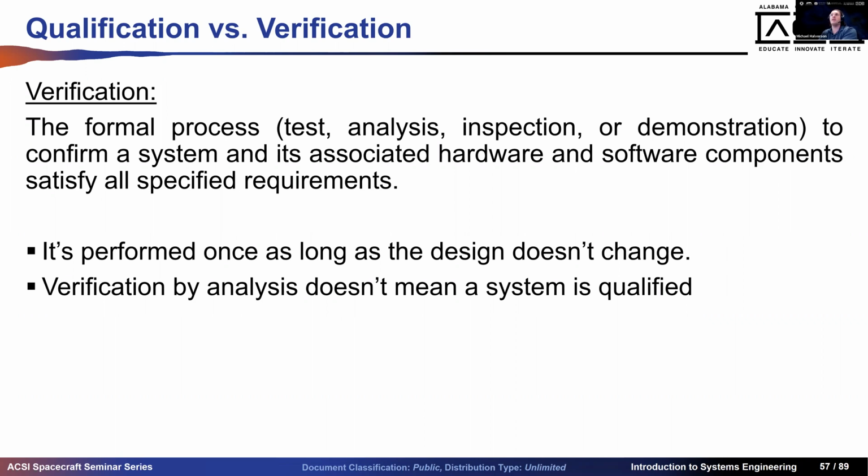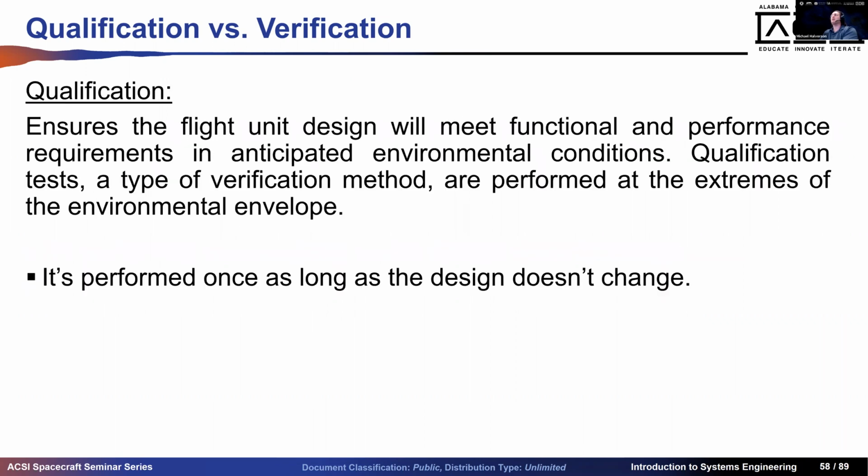Qualification is something that can only be done by test. You cannot qualify by analysis, because qualification is specifically determining, is the system going to work in its intended operational environment, the boundaries of where it could operate. What is the hottest? What is the coldest? What is the shakiest? What is the shockiest? What is my electromagnetic interference?